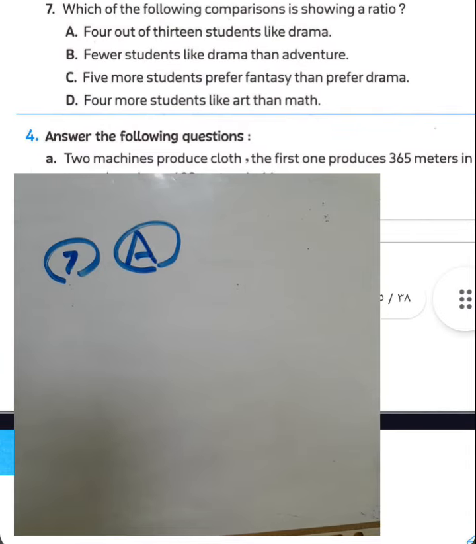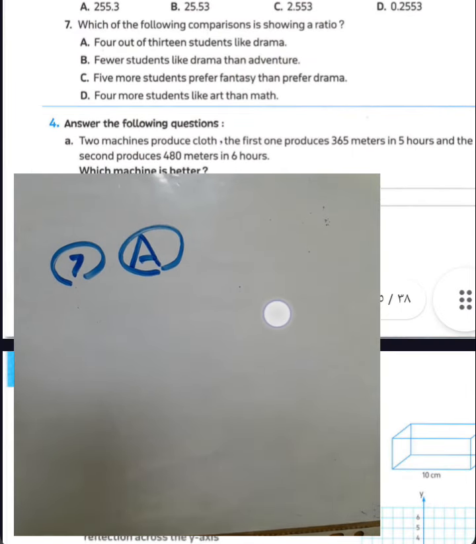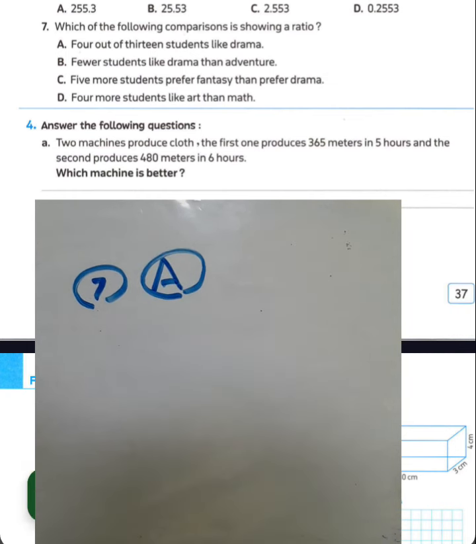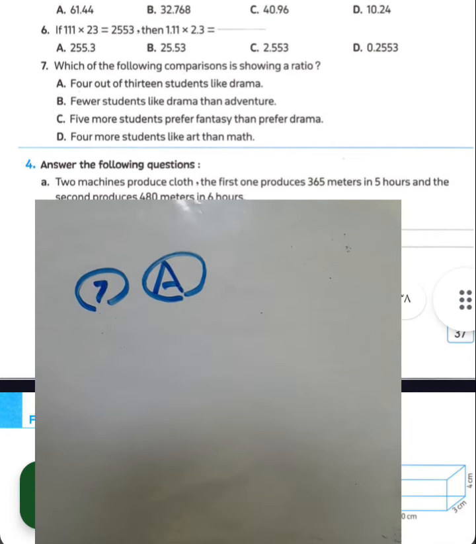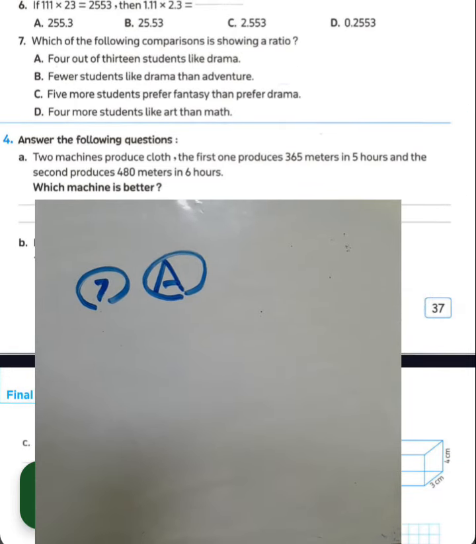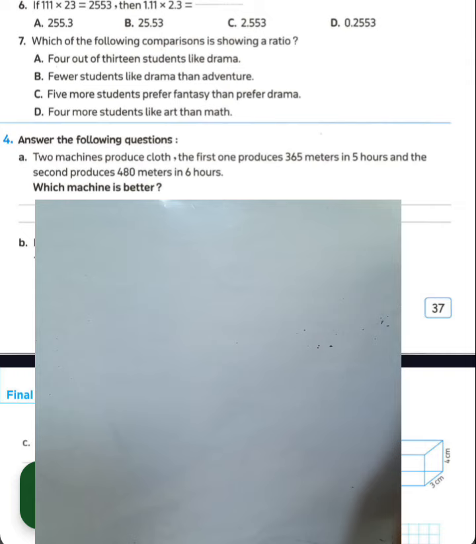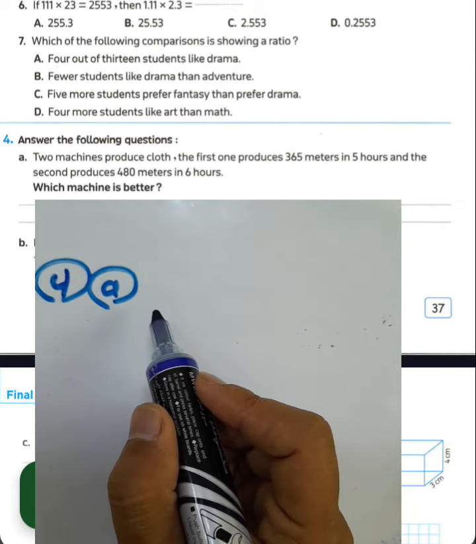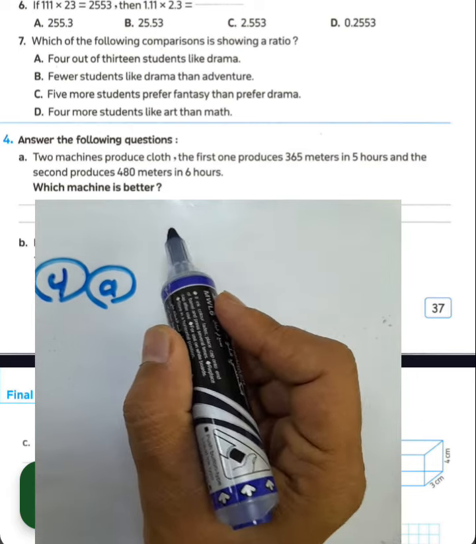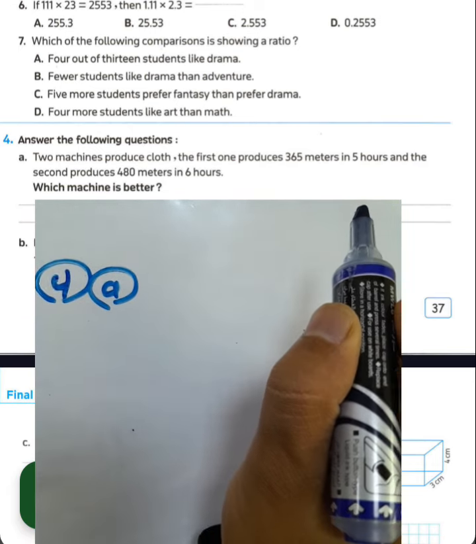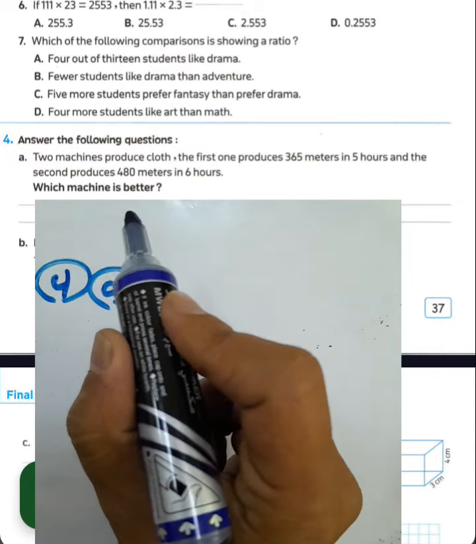Next example, question number 4. Letter E. Two machines produce clothes. The first one produces 365 meters in 5 hours, and the second produces 480 meters in 6 hours.